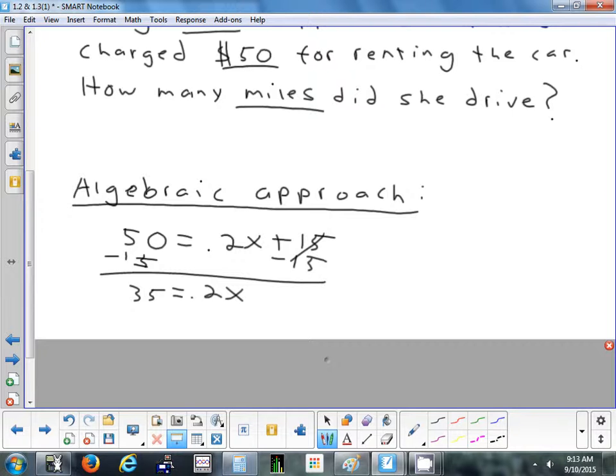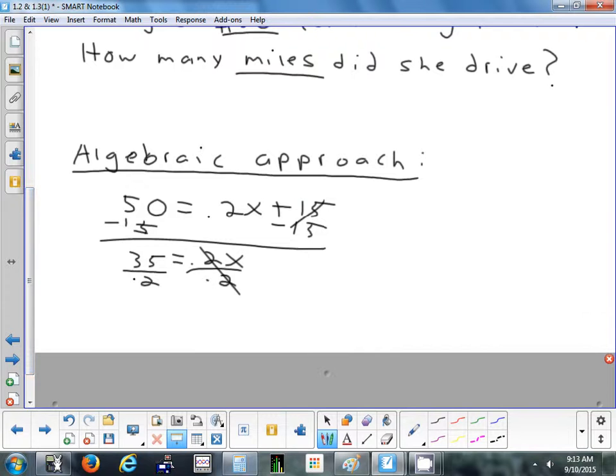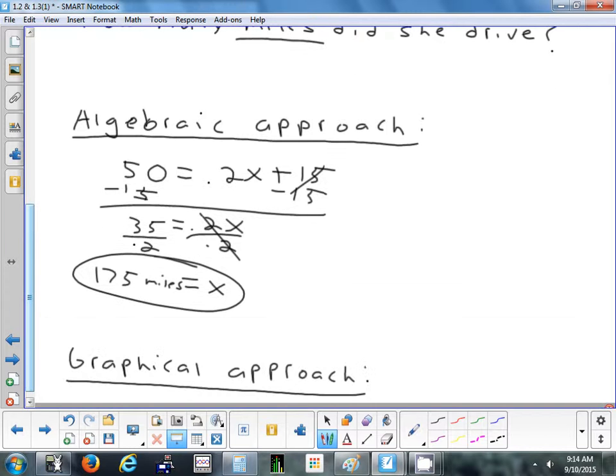Yeah, just divide both sides by 0.2. Okay, so 35 divided by 0.2 gives me 175 miles. Good. Okay, so that's an algebraic approach. Fill in for the variable, and then solve for x. Any questions on that?